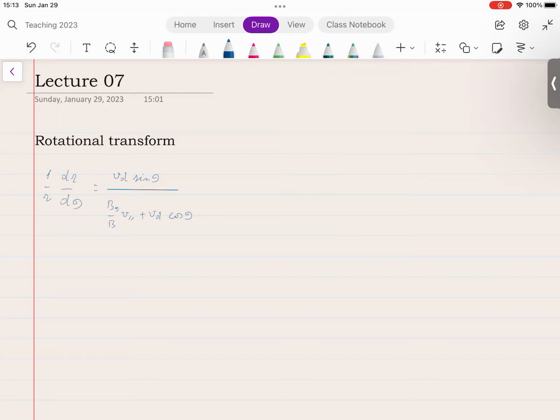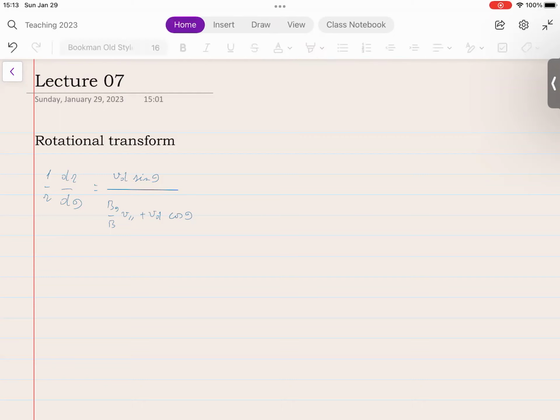Now we're going to make some simplifying assumptions. In particular, we're going to assume that pretty much everything is constant, so we can integrate this equation.